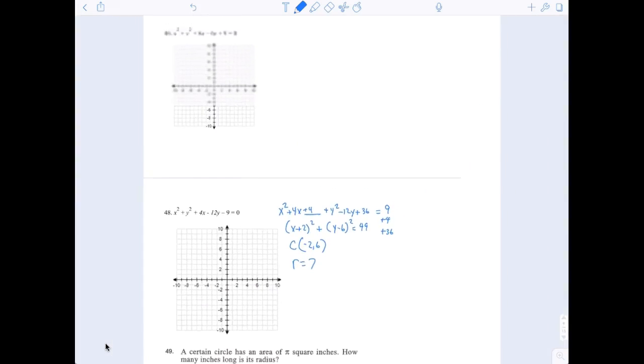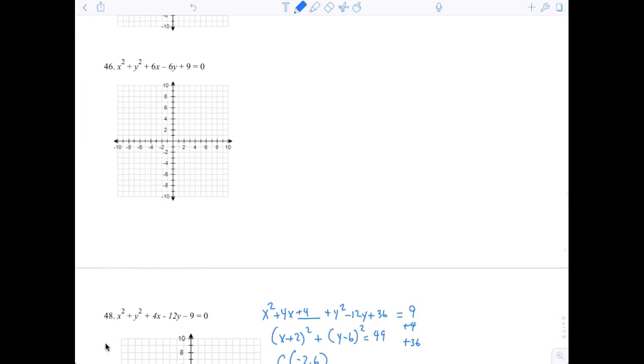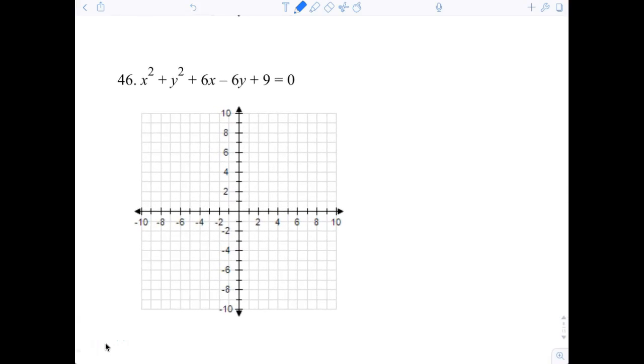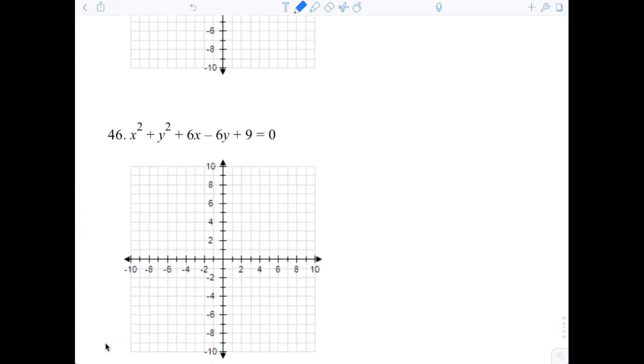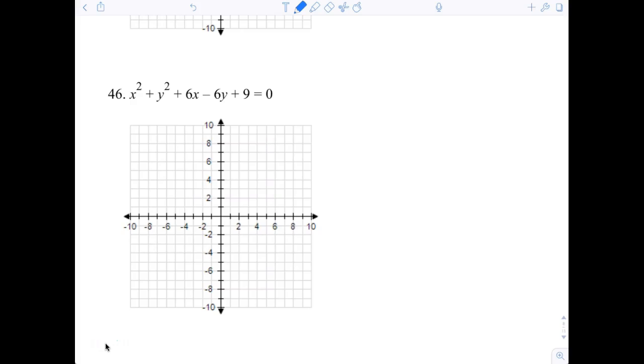All right, here we go. Let's find something else. Do I need to practice that, or you guys got it? You want me to do 46? All right. We just did that type of problem. All right, so let's just make sure. X squared plus 6x, leave a space, plus y squared minus 6y, leave a space, equals -9.